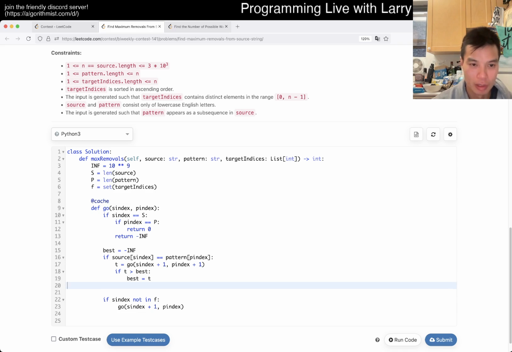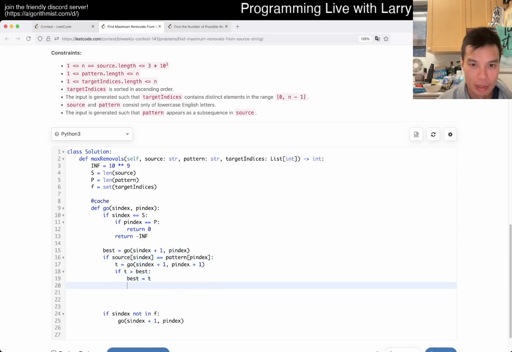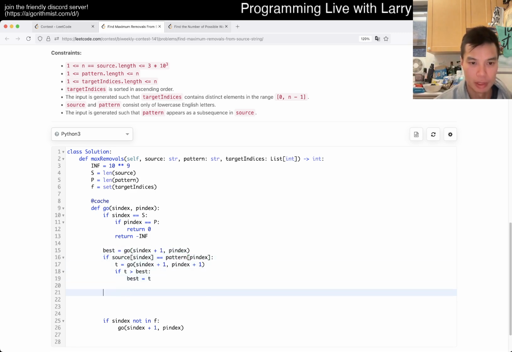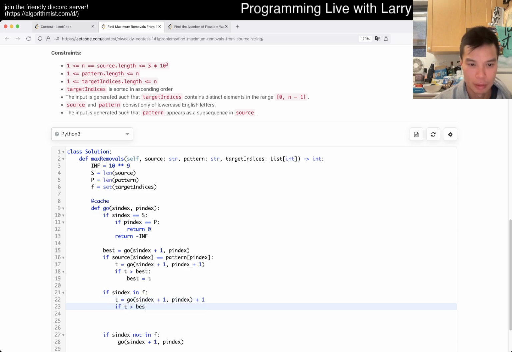Okay, so then now we also want to just go in general, go S index plus 1, P index, we don't care, we don't match.